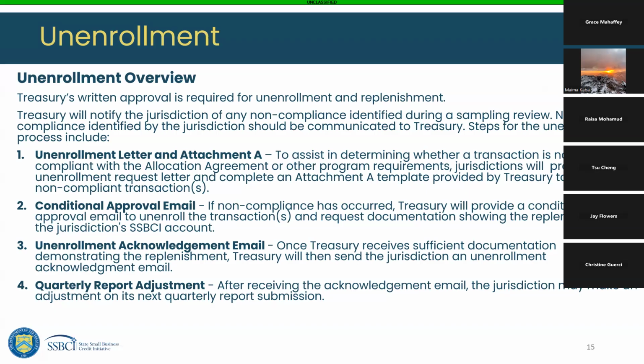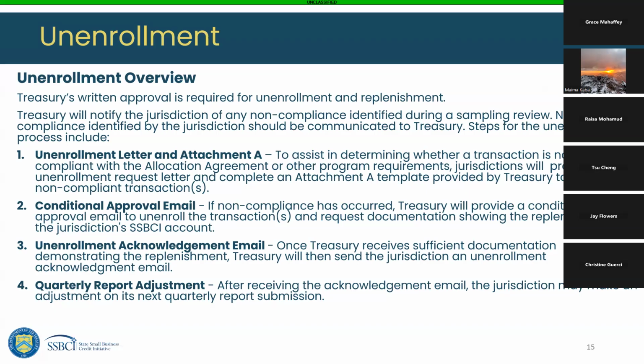Okay, so step 2: if the non-compliance has occurred, Treasury will provide a conditional approval email to proceed with unenrolling the transaction, and will seek supporting documentation for the replenishment of the SSBCI account for the amount of the unenrollment. Step 3: once Treasury receives sufficient documentation on the replenishment of SSBCI funds, Treasury will then send the jurisdiction an unenrollment acknowledgement email.